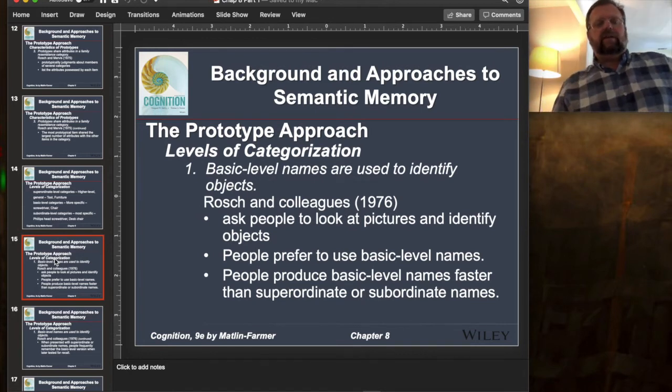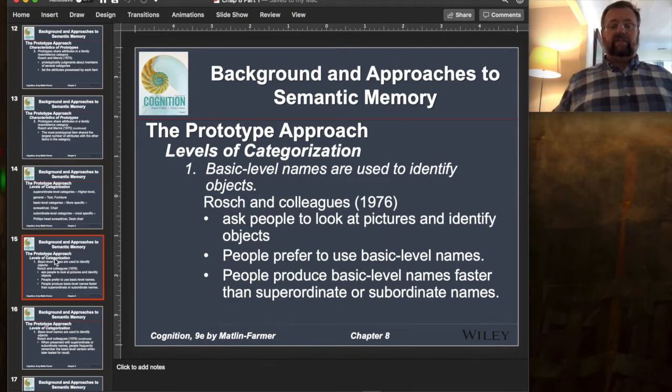So when we look at the prototype approach and we think about it in terms of levels of categorization, the basic level names are often used to identify different types of objects. In one study, they found that when you ask people to look at pictures and identify different objects, people tend to prefer to use basic level names.